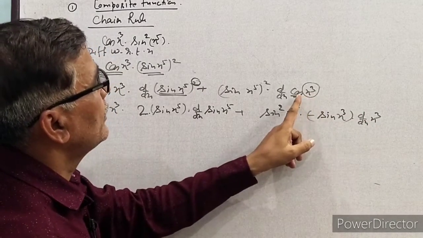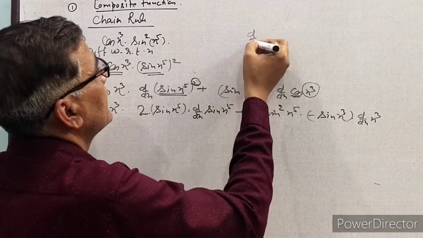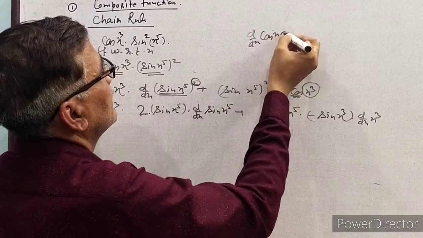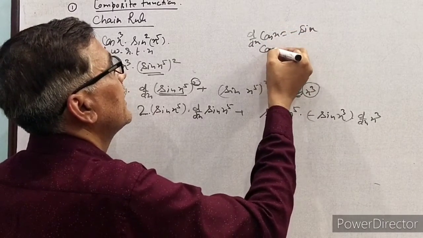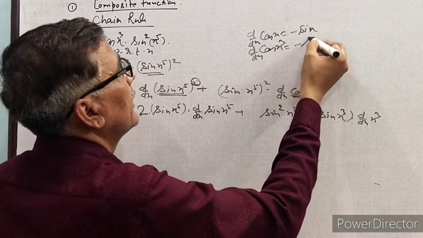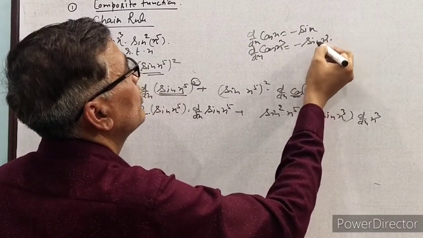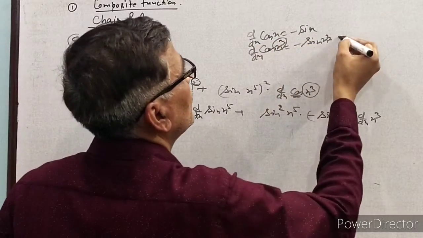So we know the result of cos x, the derivative of cos x is the standard result. This is minus sin x. If the x is replaced by another function, we have to write minus sin x cube, and x is replaced by x cube, so differentiate it again.